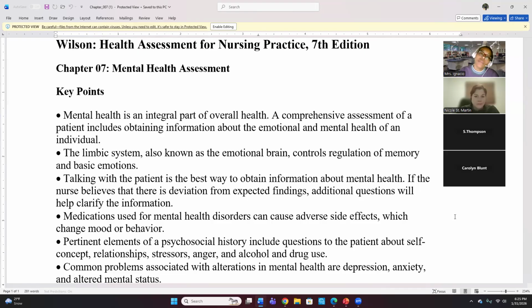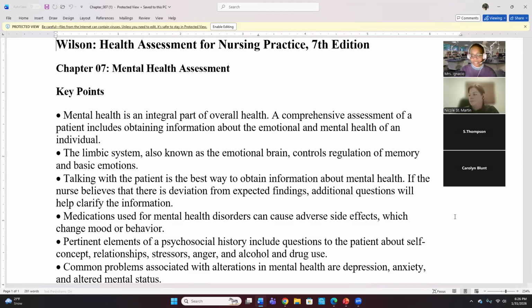When we think about the mental health assessment, we are looking at the mind, at behavior, at the patient's mood, at their affect, how they are interacting with us, right? So all of this is included. Mental health could sometimes be scary for nurses, right? But guess what? Any patient at any time can become a mental health patient.